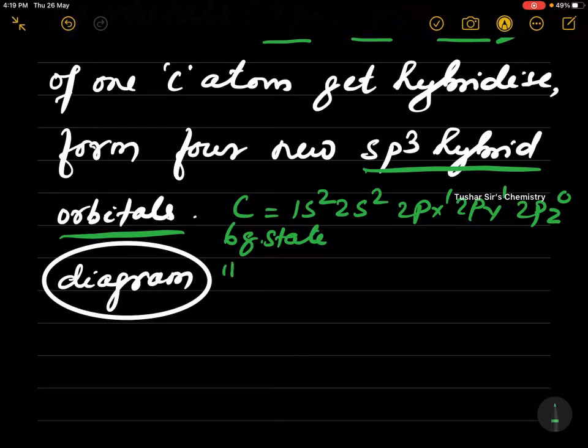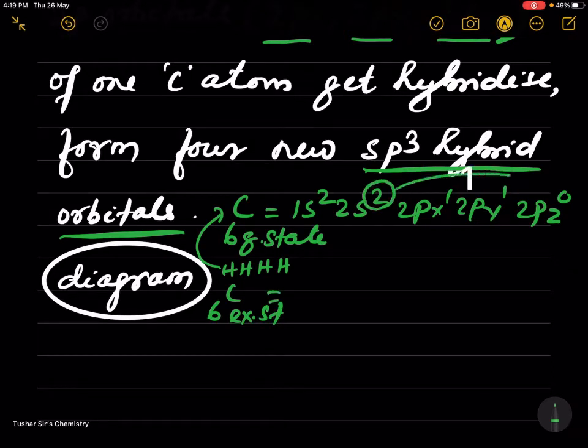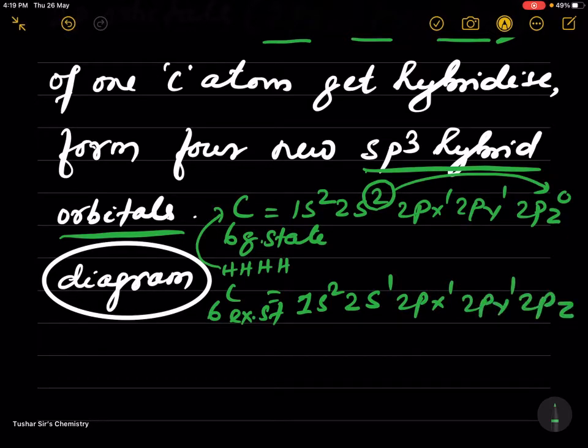When four H atoms will form four bonds with carbon, carbon will be in the excited state. So one 2s electron will jump to 2pz, and the configuration will be 1s2, 2s1, 2px1, 2py1, 2pz1.